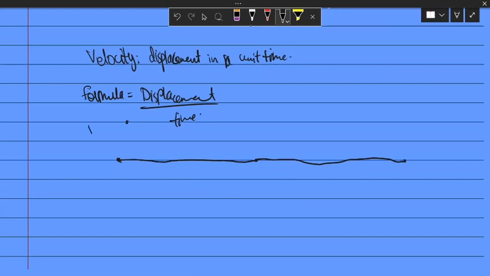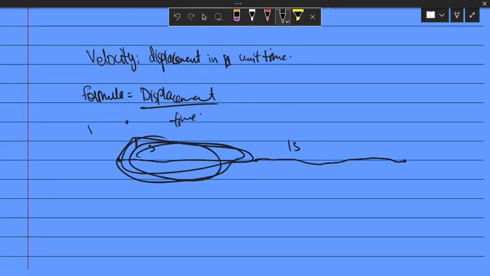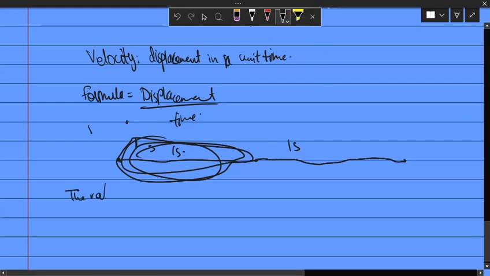So this distance is covered in 1 second. So this straight distance covered, or this displacement covered in the unit time, in 1 second, is called velocity. Okay, so the rate of change of displacement is known as velocity.